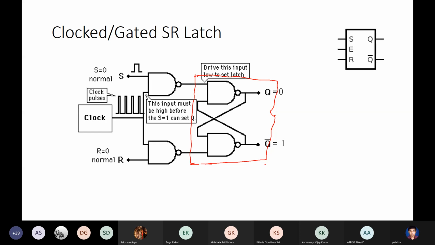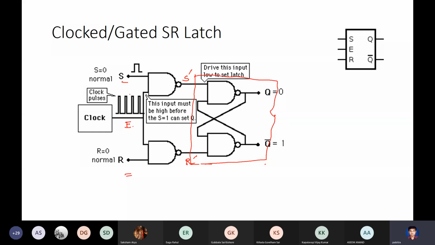So what we do is that instead of directly using S and R values here, I get, let me call it S prime and R prime, I get them by the input NANDed with something called an enable input.